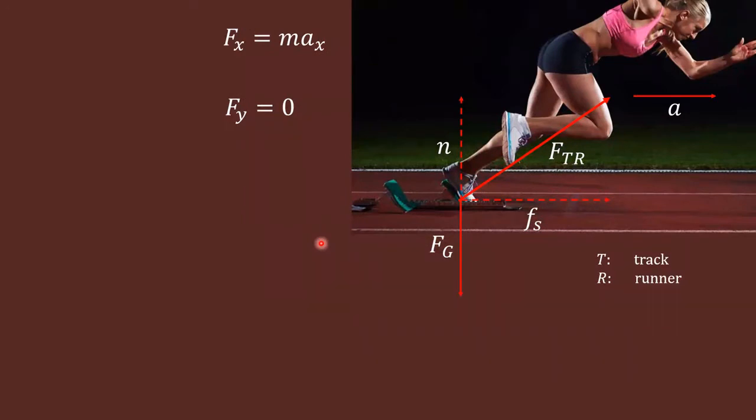Okay, I'm going to scoot that over. So this is where we have to wonder, how do you get the track to push on you? The track is inanimate. It's not alive. It doesn't have moving parts. There's no motor or belt or pulley, no gears. It's just a flat thing. So how do you get it to push on you, and to push on you with just the right magnitude and just the right direction?